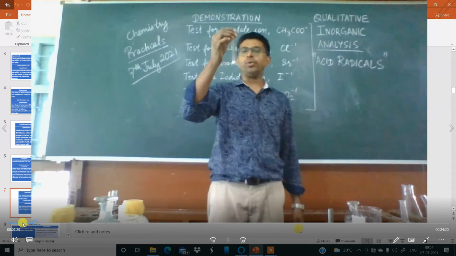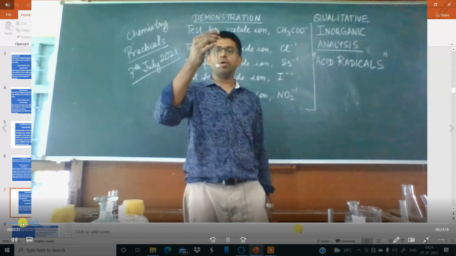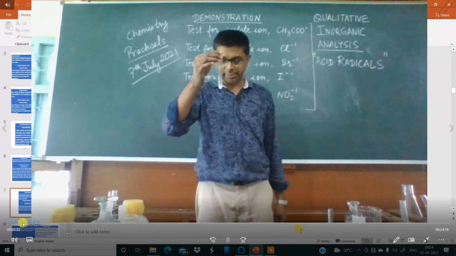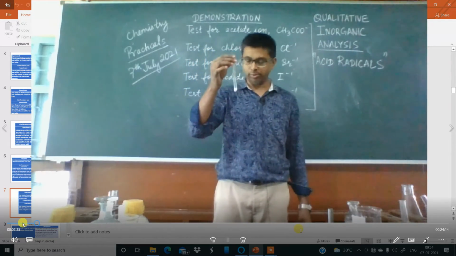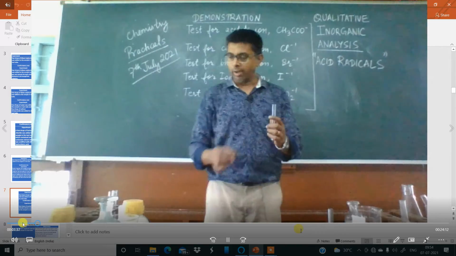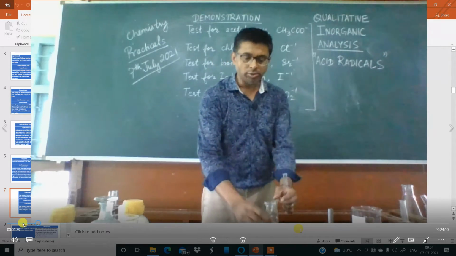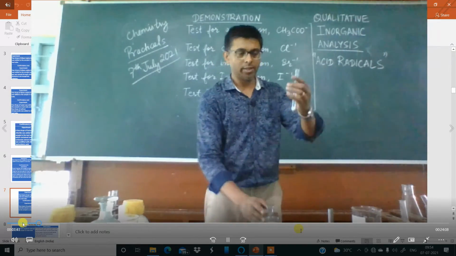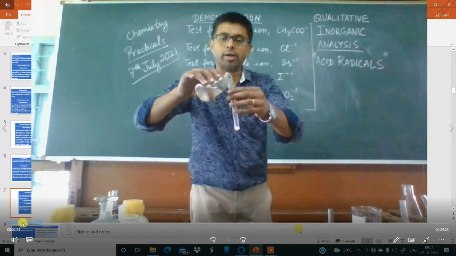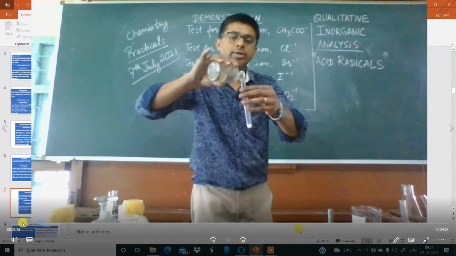Now to this sample of lead acetate in the test tube, few drops of concentrated sulfuric acid was added.